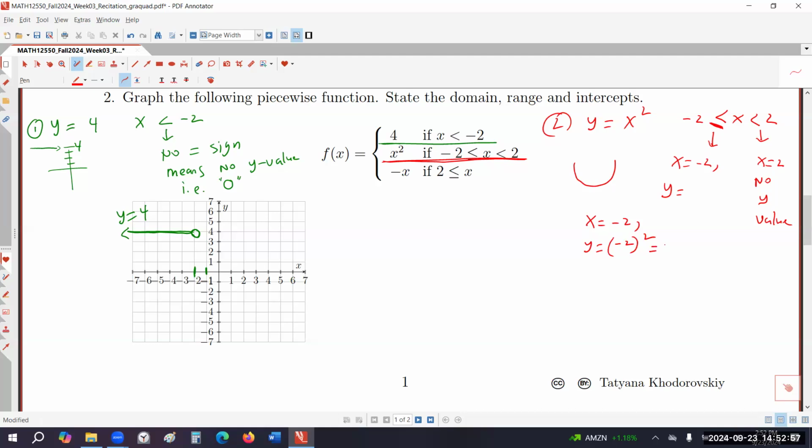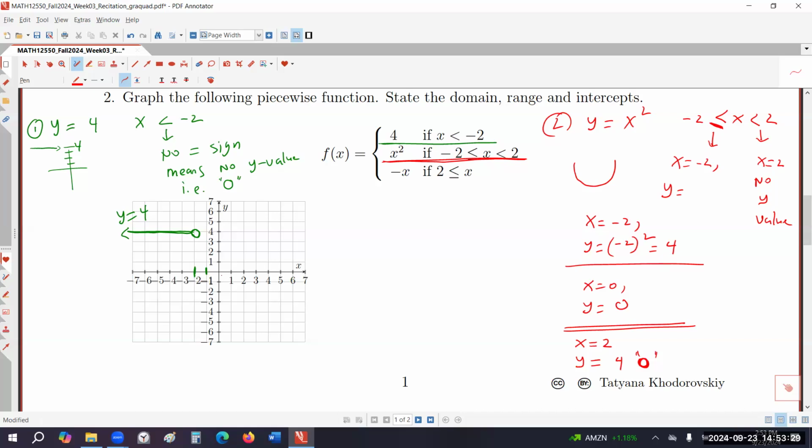What is (-2) squared? 4. And then let's say when x is 0. What's the y value we have? 0. And we're not supposed to have x value 2, but suppose if we had x value 2, what would have been our y value? Positive 4, right? It should be positive 4, but since we don't have the x value there, our y value has a hole.